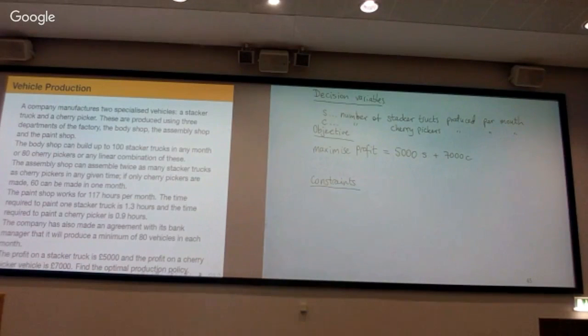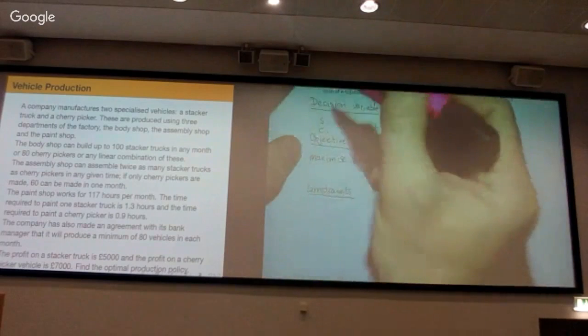X1 is less than stackers. So I don't know why. Okay, it says the stackers are about twice as many. So that's the... Oh, that's the second constraint. I'm still after the first thing.